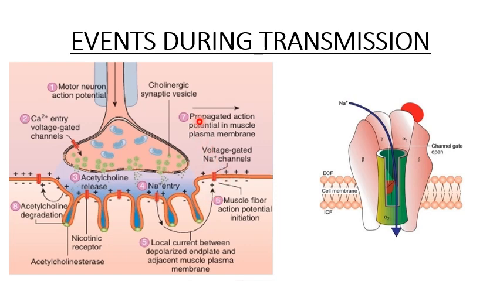Further, propagation of the action potential in the muscle fiber occurs through the opening of voltage gated sodium channels present on the plasma membrane. During all this process, the acetylcholine released in the synaptic cleft is degraded by acetylcholine esterase, and the choline is utilized in the synaptic knob to produce more acetylcholine.